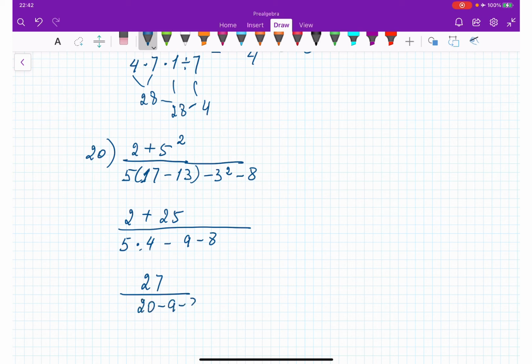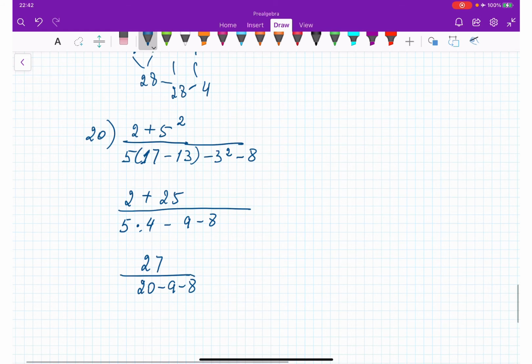Minus 9 minus 8. 20 minus 9 is going to be 11 minus 8. 11 minus 8 is 3, and the answer is 9.